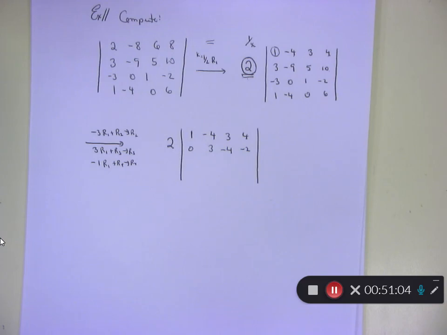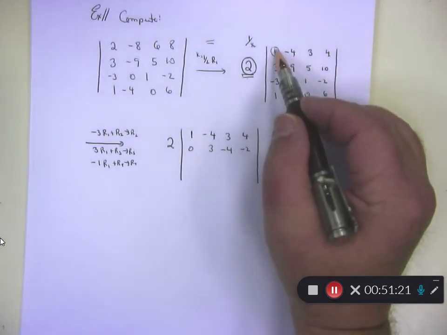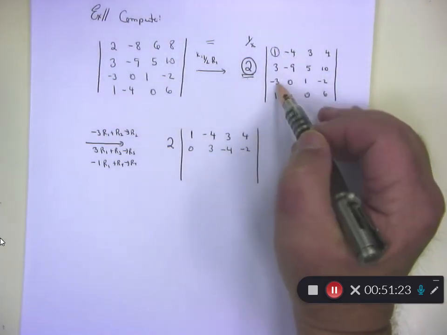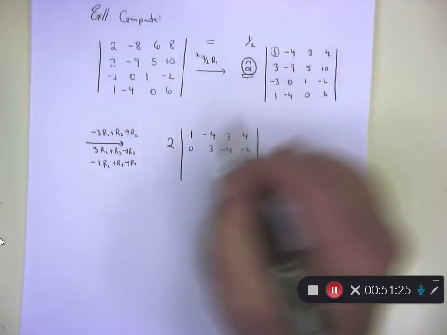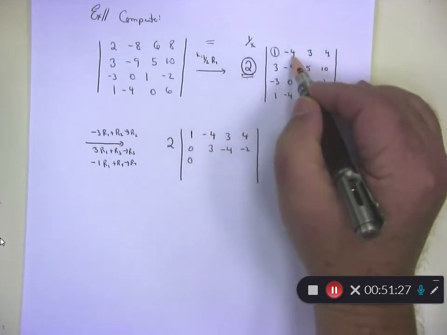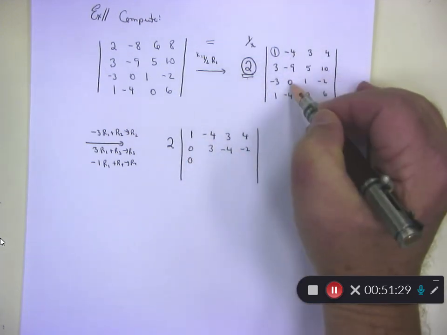And you know, right here is where people fumble the ball, they can't do the arithmetic in their head. So sometimes I need to slow down and double check myself. But okay, I feel good about this one because I have the answer over here. So yes, I did the math correctly. Just take your time. Now, 3 times row 1 added to row 3. 3 times 1 is 3 plus -3 is 0. 3 times -4 is -12 plus 0 is -12. Okay?